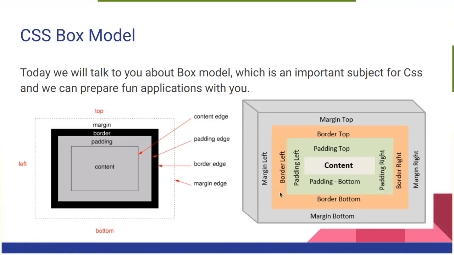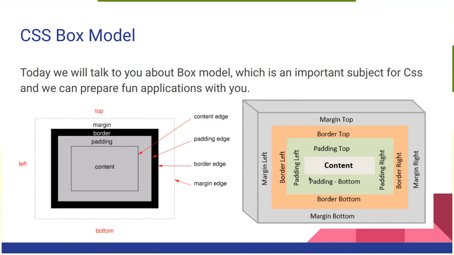That's how this border will render. The same thing applies to padding and margin. If you apply the padding alone, it will apply to all four directions. If you don't specify otherwise, margin also applies to the four directions.